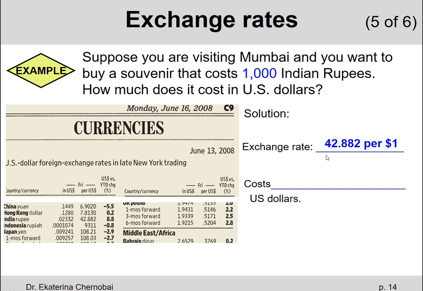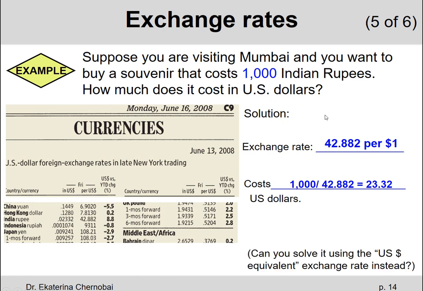Now we want to divide rupees by rupees so that rupees cancel out as the unit of measurement, and we are left with dollars. So we take 1,000 rupees and divide it by 42.82 rupees per dollar, which gives us the answer in dollars, $23.32. So you might decide, oh, that's pretty expensive. No, I'm not going to buy this gift.